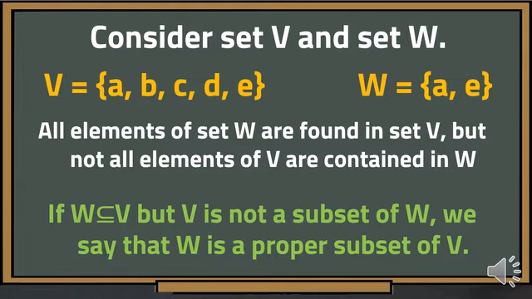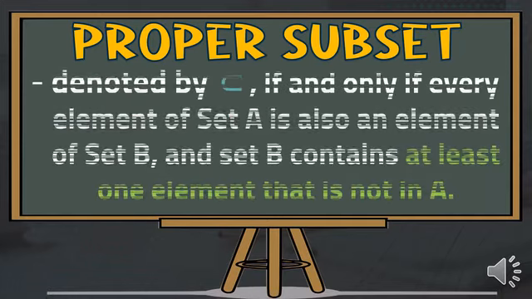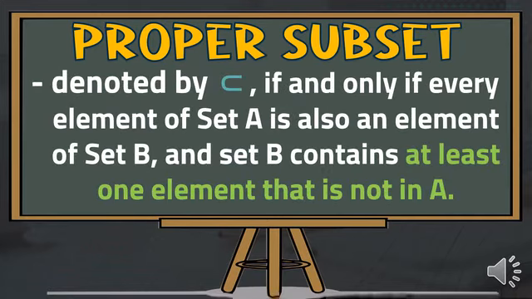What is a proper subset? A proper subset is denoted by this symbol. As you can see, this is the same as the subset symbol, pero wala siyang guhit sa ilalim. This symbol is not underlined.